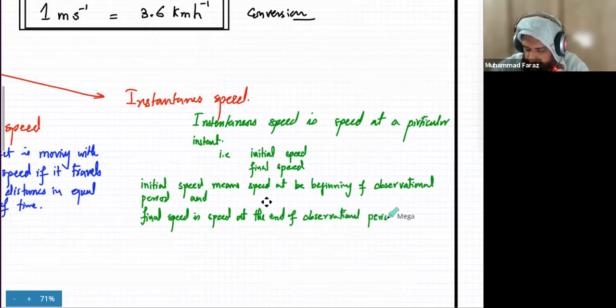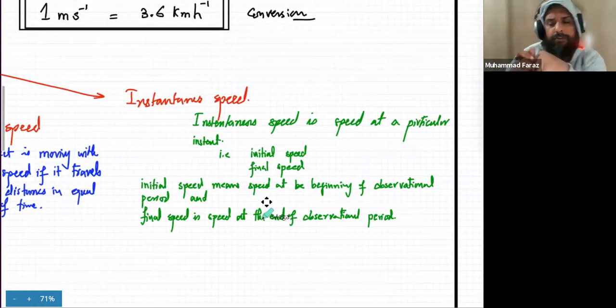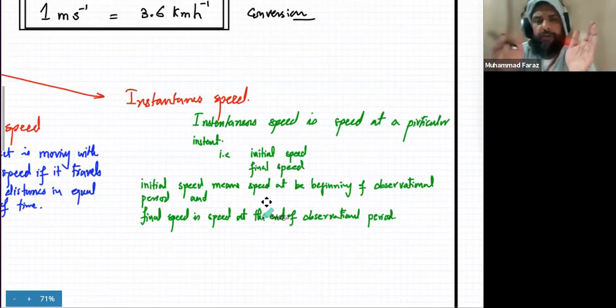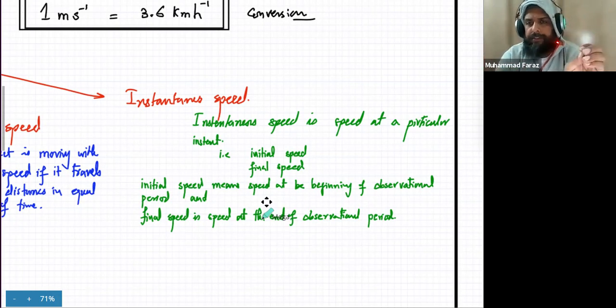Some students just think that initial always means the beginning of the journey and final means the end of the journey. If that were the case, then initial and final should always be zero. But that is not the case. What actually happens is that we observe a constantly moving object for a small piece, from instant one to instant two.